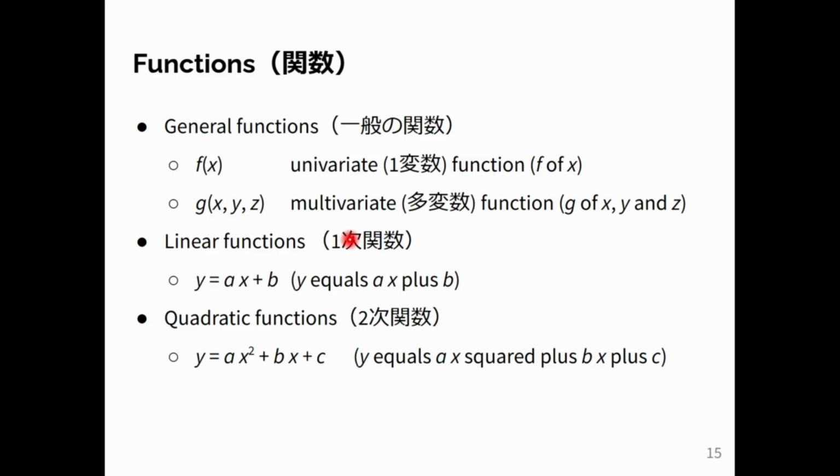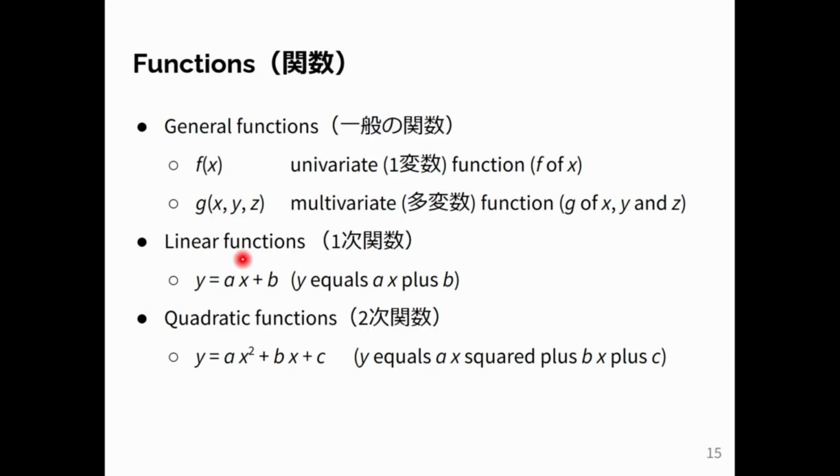And the 一次関数 is called a linear function, like y equals ax plus b. You know that 線形代数 is called linear algebra. This is why it's called linear algebra, because in linear algebra, we make heavy use of linear mappings in vector spaces.